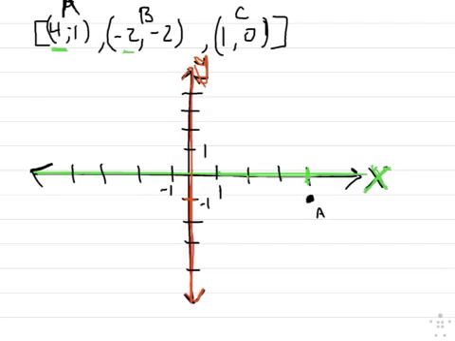How about the second one? All right, so our -2. So we're going to go 1, -1, -2. Here's our -2. We choose that one, and what do we get? -2. So -2, -2. Here we are. Let's call this our B point. And C is 1, 0.